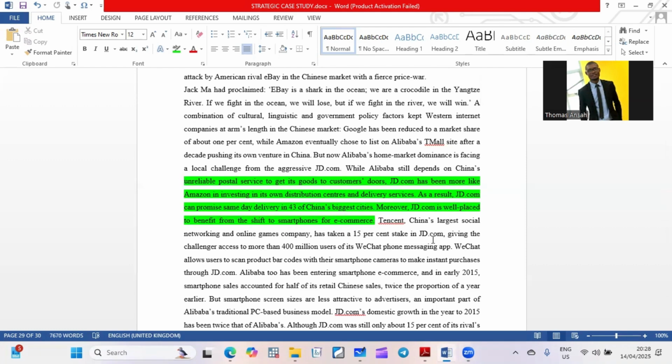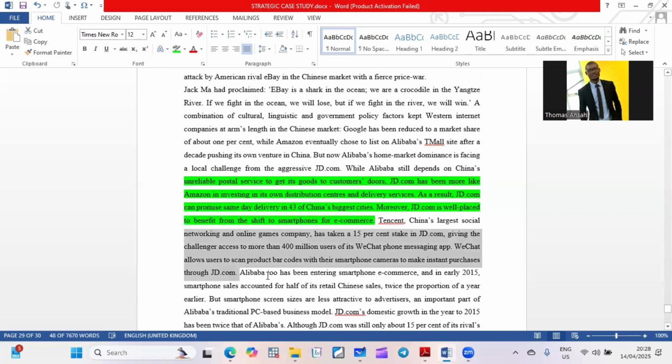It gives the challenger access to more than 400 million users of its WeChat phone messaging app. WeChat allows users to scan a product's barcode with their smartphone, so all these things are speaking to the fact that they are bringing technology to drive away Alibaba's traditional ones.